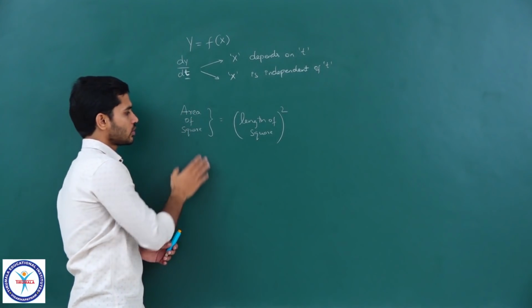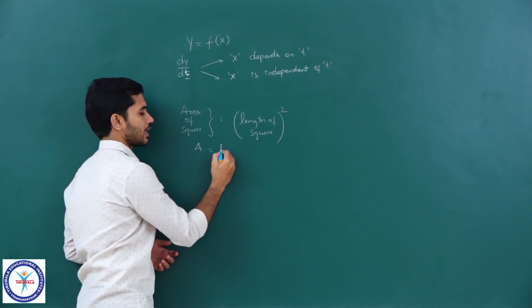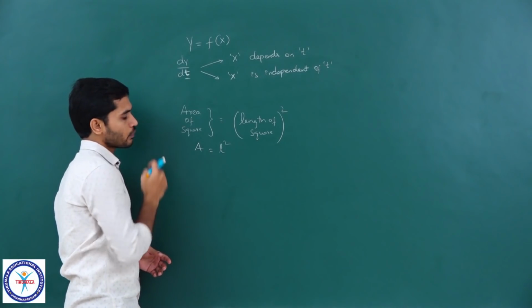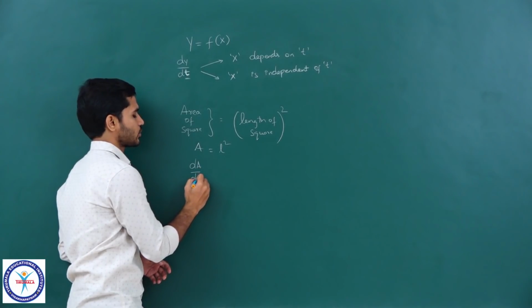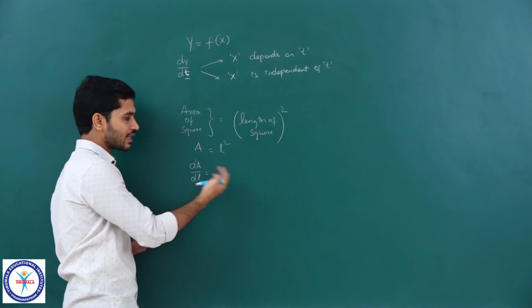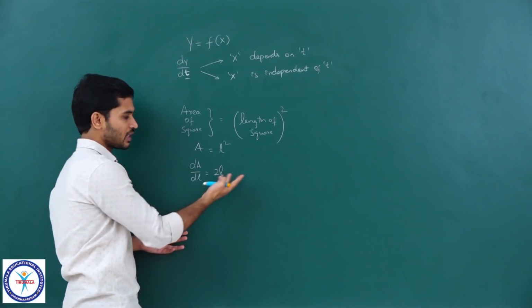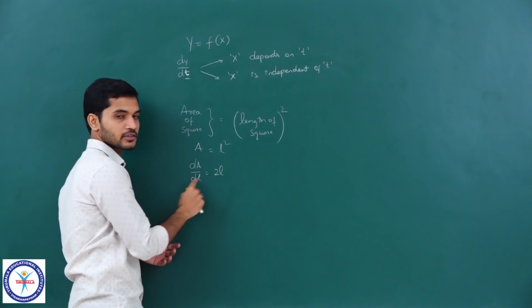Which means area is a function of L. Now, if I ask you what is dA by dL, you will quickly tell me that the answer is 2L. We have been doing this normal differentiation: differentiating L square with respect to L gives me 2L.